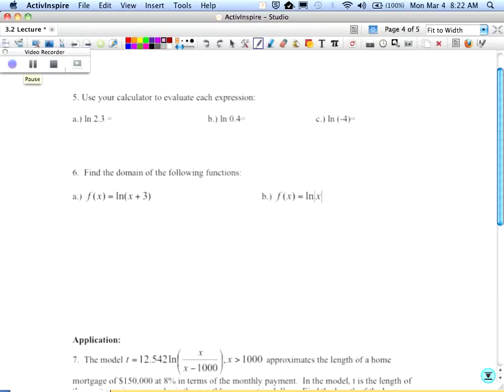Grab your calculators, type those in just for practice. Show somebody near you. I would round your answers when you do logarithms to 4 decimal places.